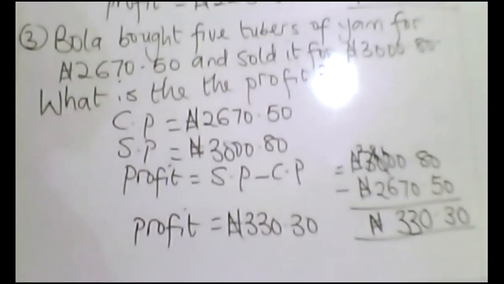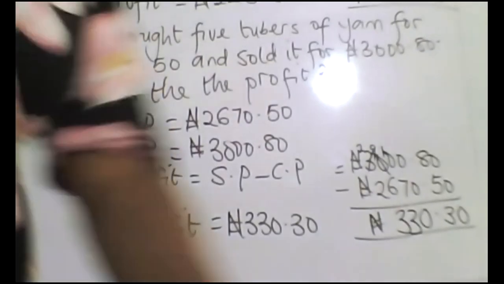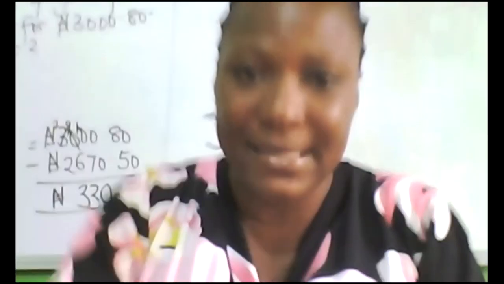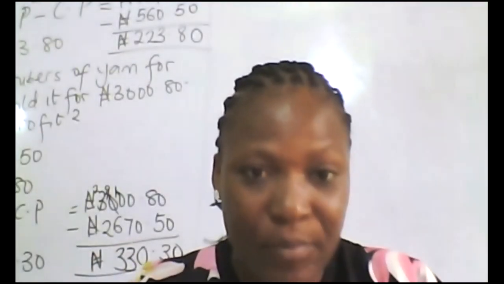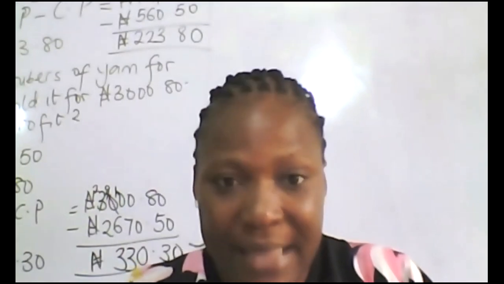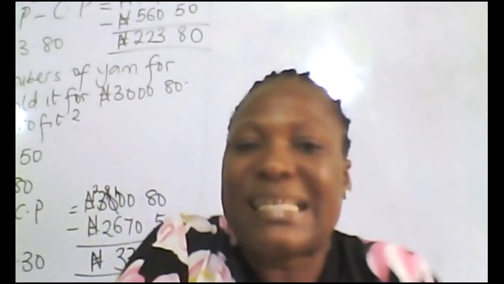It is interesting. The first thing that you need to do is to get the cost price. And it is very, very easy to get the cost price. How much has the person bought the item? That is the cost price. The amount a trader buys an item is the cost price. After getting the cost price, look out for the selling price.